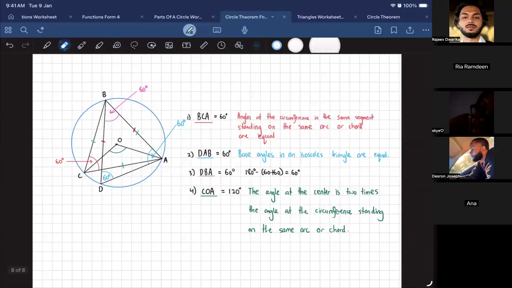So I'll give you a moderately tough question. Tough in the sense that I didn't go through all the theorems with you. But we're at a point where everybody knows the parts of a circle, and you know how the triangles work inside the circle.